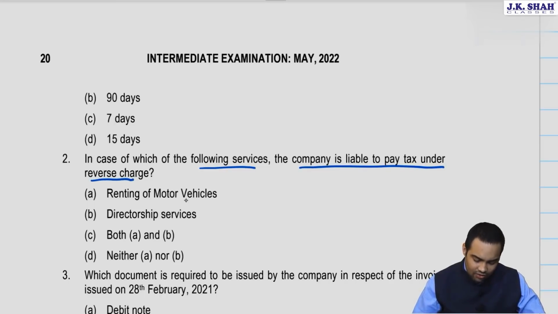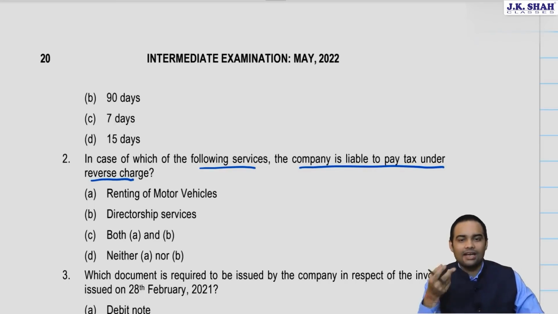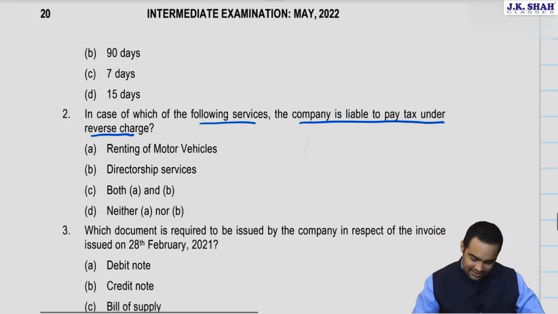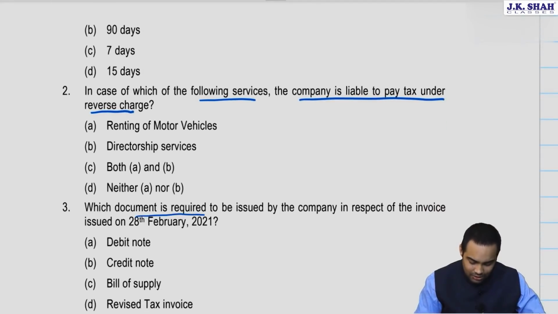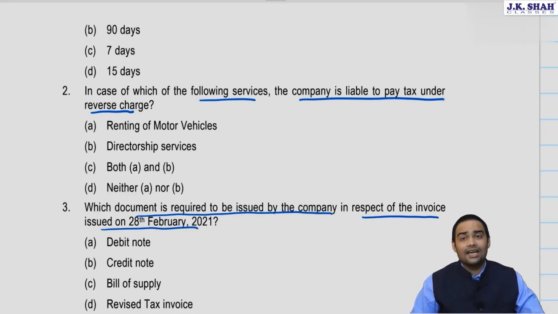So renting of motor vehicle and directorship, and then it says both or neither. That means when we are reading, we'll have to focus on renting of motor vehicle and directorship. Fine. Which document is required to be issued by the company in respect of invoice issued on 28 Feb 2021? Something related to 28 Feb 2021.